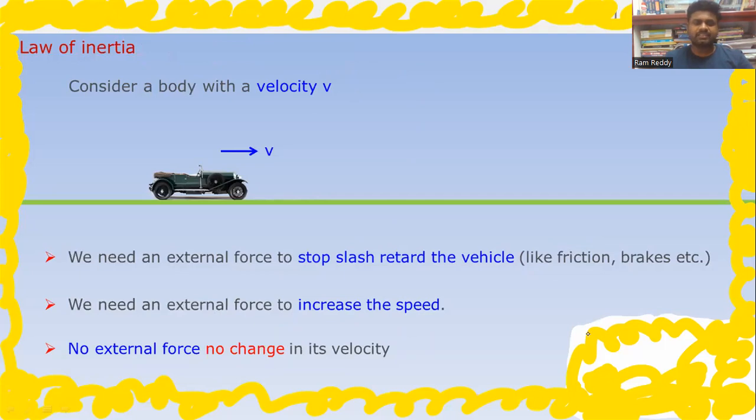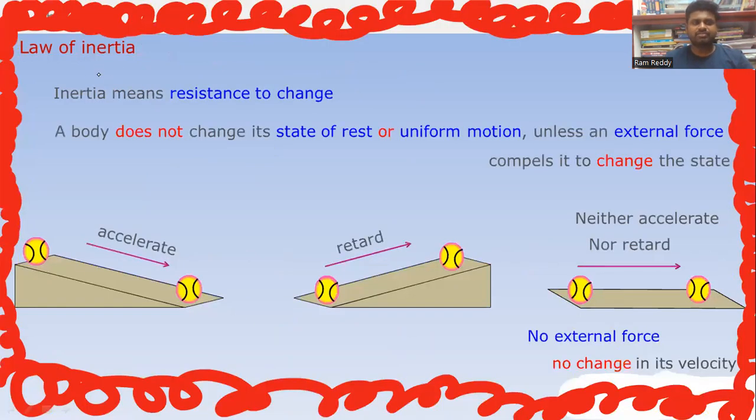Next, the law of inertia. Here we have broad examples to analyze the inertia of motion and what the main idea of inertia is. Inertia means resistance to change.